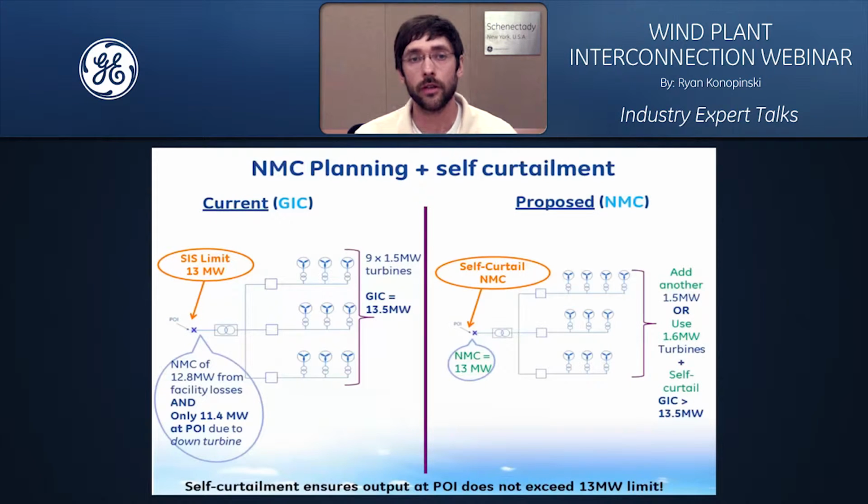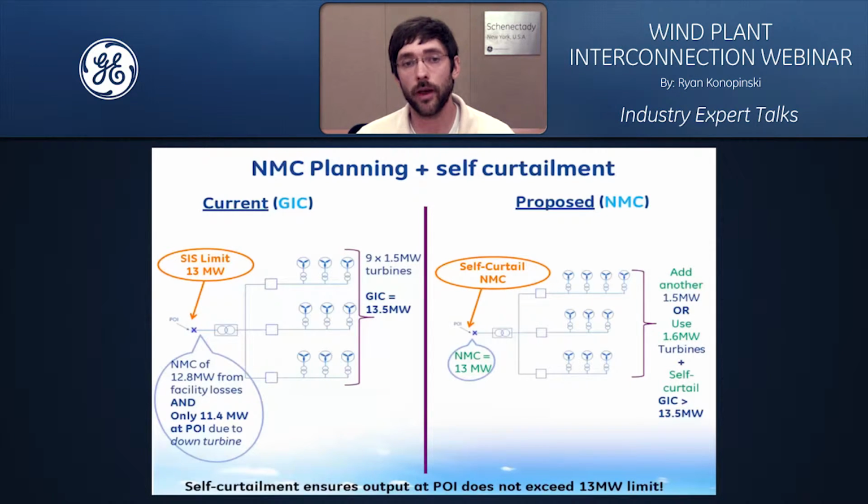So this slide tries to introduce the differences between the current planning practices using group installed capacity versus the proposed practices of net maximum capacity. Under the group installed capacity, in this example, we have a wind facility with 9 turbines at a particular rating.